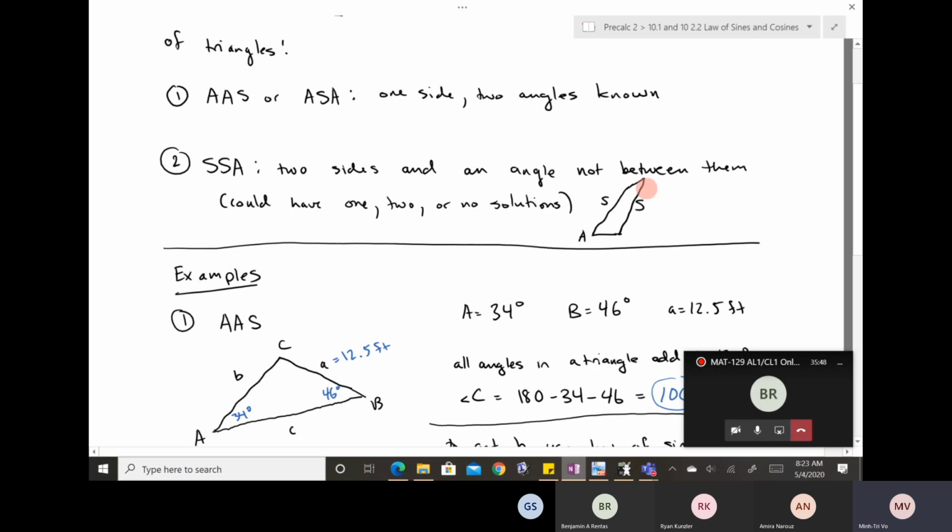I can draw this triangle this way, or I can spread the side on the right farther out. So that looks kind of like this.